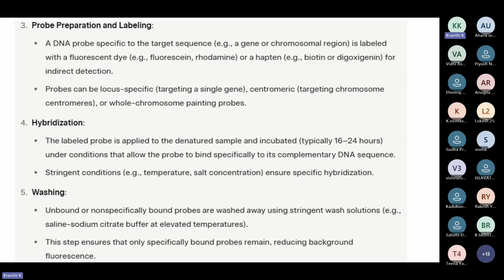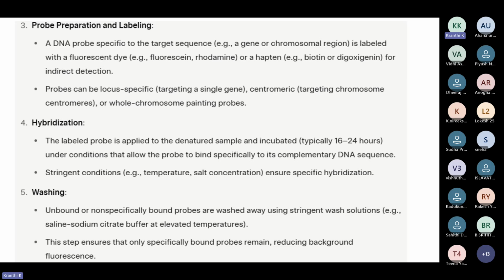Then we use some conditions like changing the temperature and salt concentration. It will be incubated for 1 to 1.5 days, or sometimes it may take 2 to 3 days also, based on the sample. Usually 1 day. So we do the hybridization, and after incubating for 1 day by providing all the conditions, the annealing will happen.